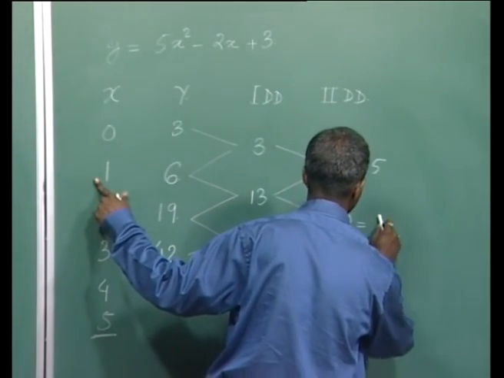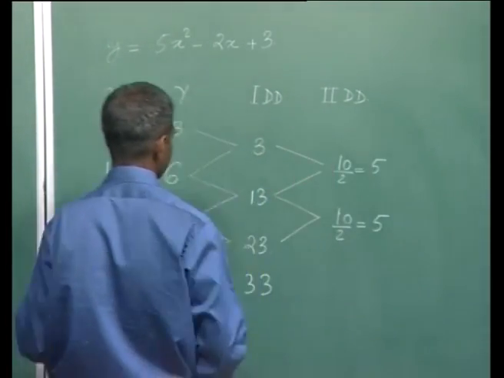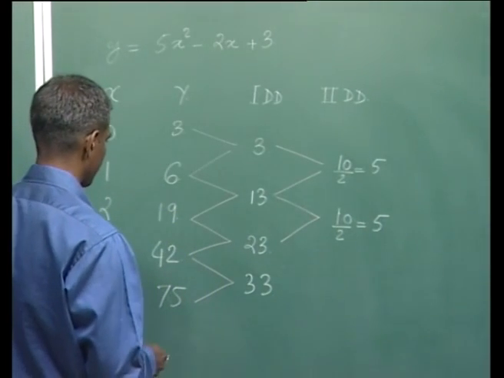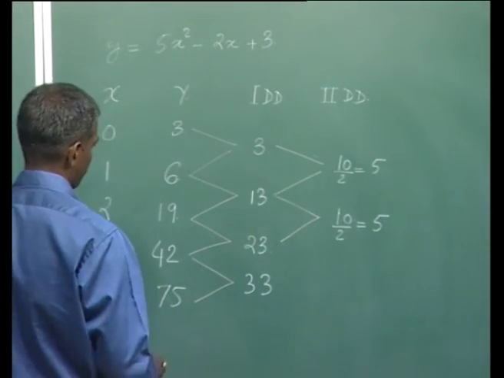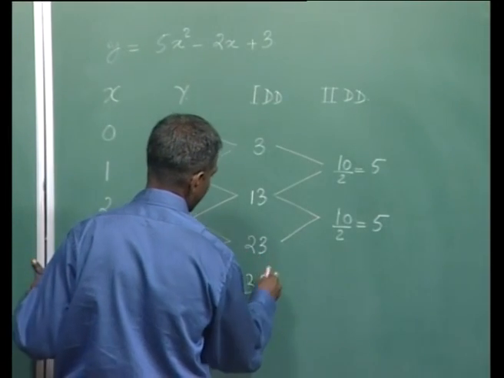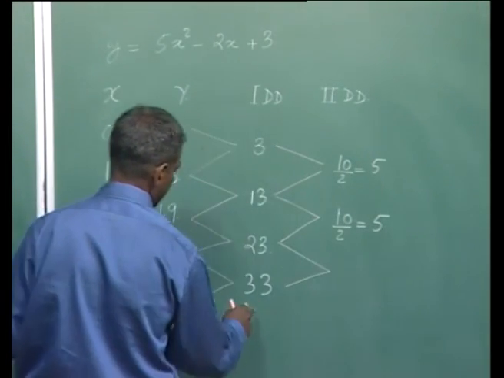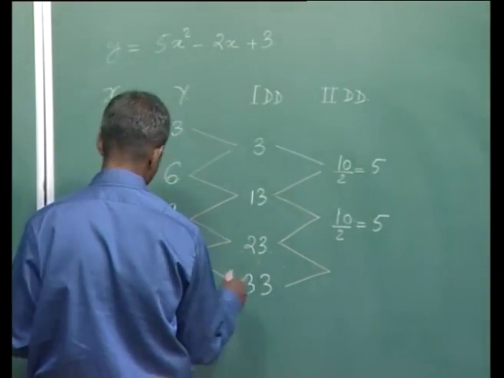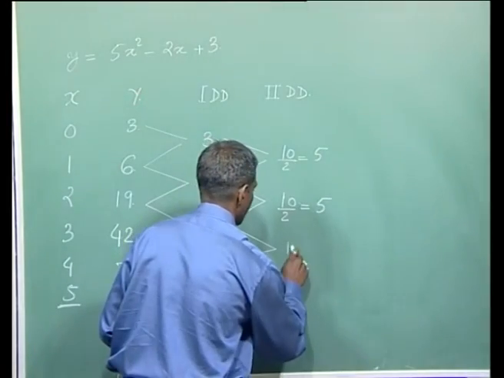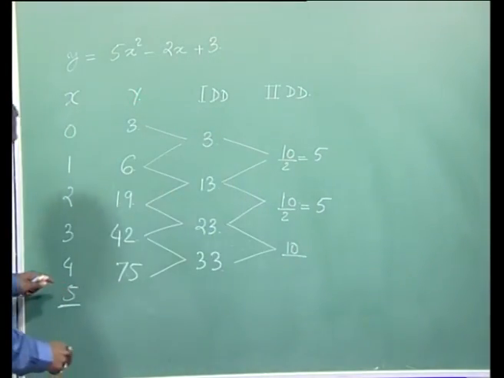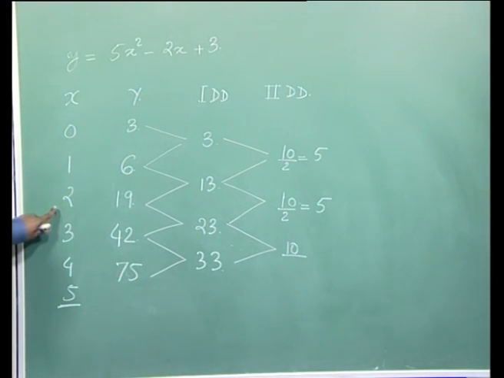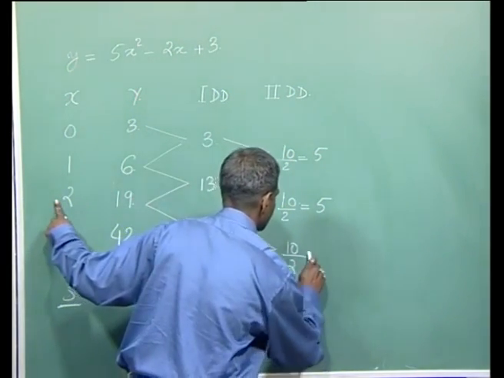This is again equal to 5. For this one here, this is 33 minus 23, which is 10, over 4 minus 2, 2 again. This is equal to 5.